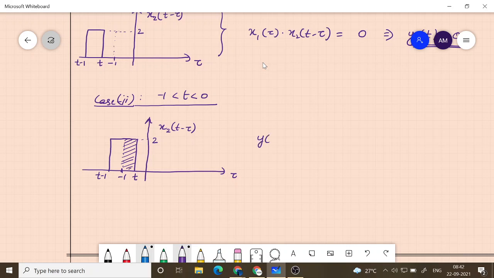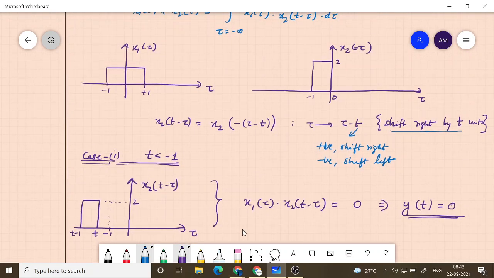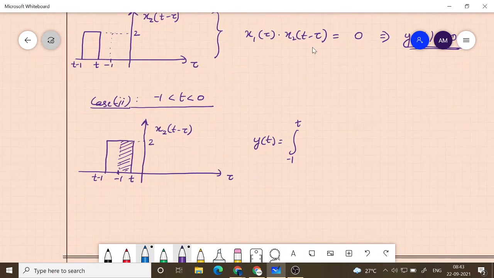This is the area that we need to integrate. So y of t is basically the integral. The only place where you need to integrate is from -1 to t. The first function value in that region is 1, so I multiply 1, and the second function is 2, into dt.